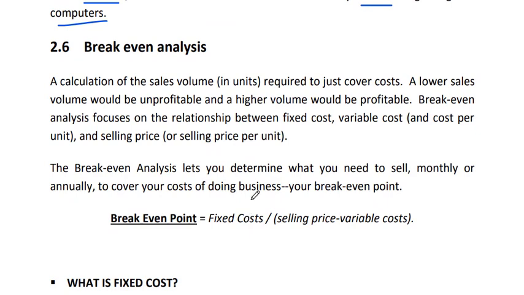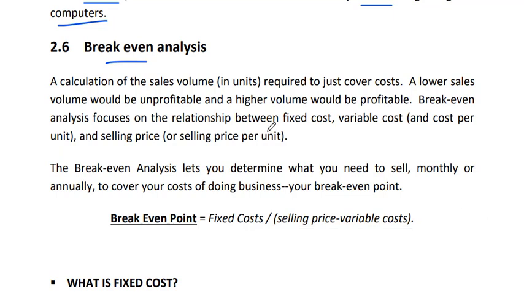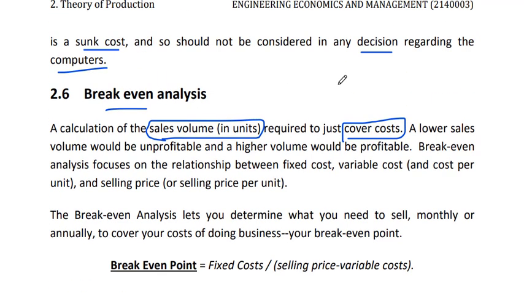Next is break-even analysis. It is a calculation of the sales volume in units required to just cover cost. Let's say my cost is 10,000 and I will produce 100 units of any product. So what is the cost of one unit? It will be 100.